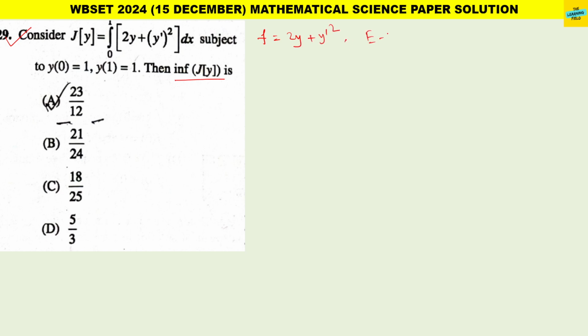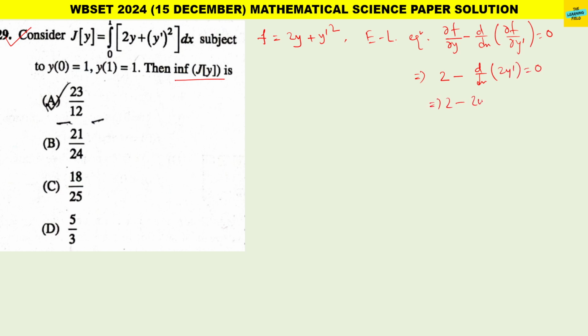So the Euler-Lagrange equation is what? ∂f/∂y minus d/dx of ∂f/∂y dash is equal to 0. Fine. ∂f/∂y means 2, minus d/dx of ∂f/∂y dash, which means 2y dash.